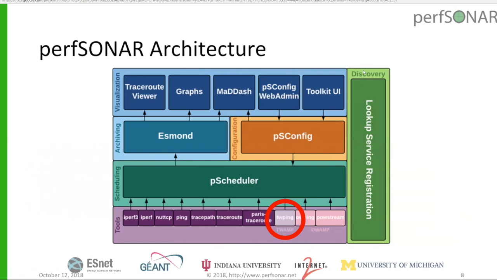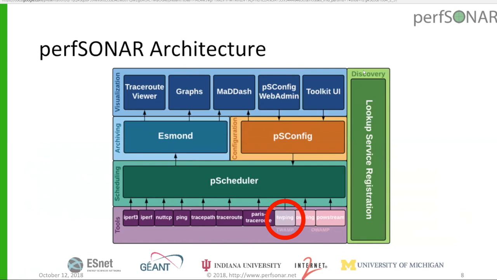And one of the plugins, which is called pScheduler tool TWPing, is in fact the one for running the tests which we call of type latency or RTT, round trip time.